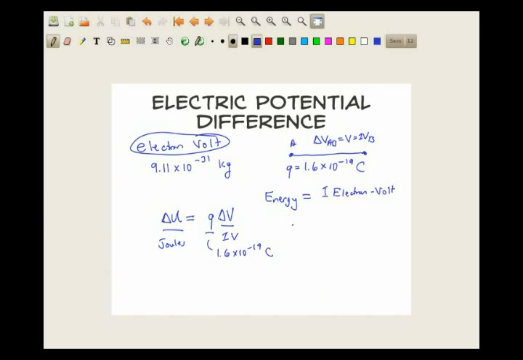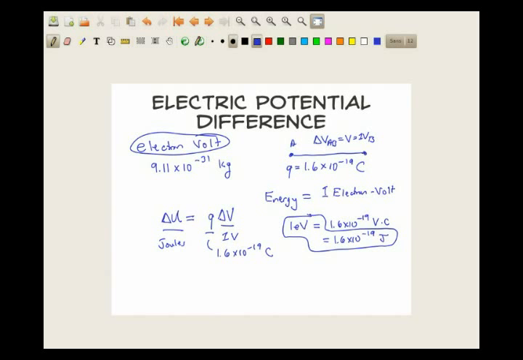So we can say that 1 electron-Volt is equal to 1.6 times 10 to the minus 19 volts times coulombs, which is equal to 1.6 times 10 to the minus 19 joules. That's the definition of the electron-Volt. 1 electron-Volt is equal to 1.6 times 10 to the minus 19 joules.